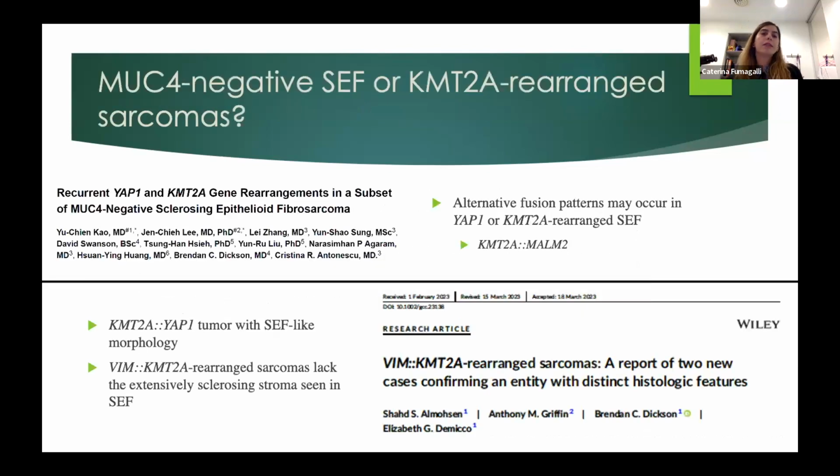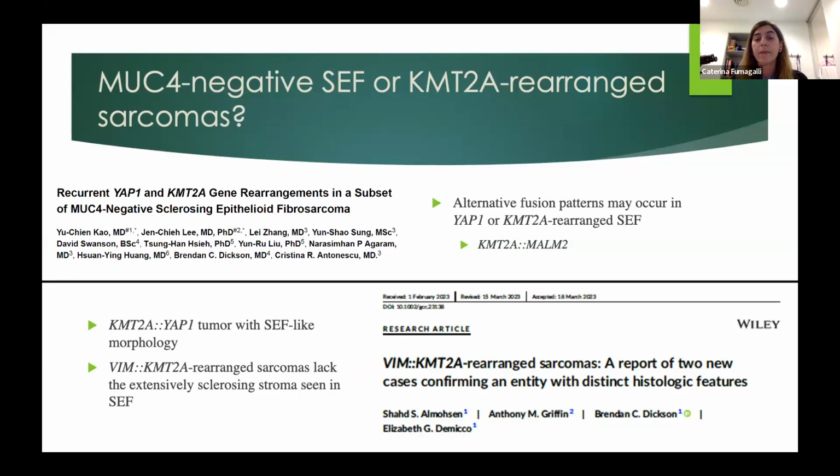So about how to name this, I was thinking about it because when we talk about this entity, we talk about YAP1 or KMT2A rearranged sarcomas, and there are alternative fusion patterns that may occur within these tumors. Such as KMT2A-MAN2, for example, or the VIM-KMT2A rearranged sarcoma that was described by the Nicolas group in February this year.